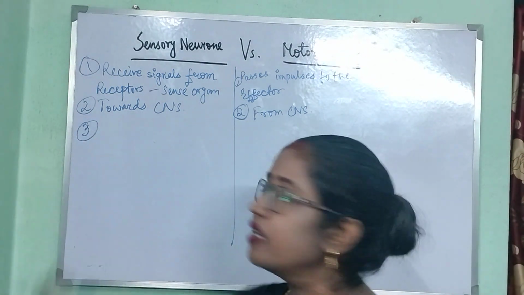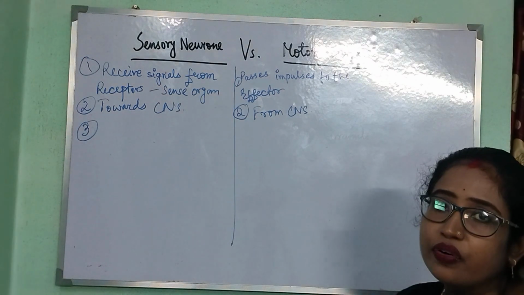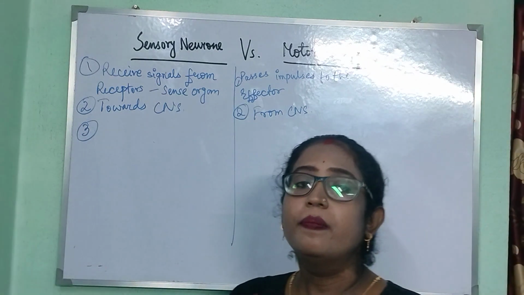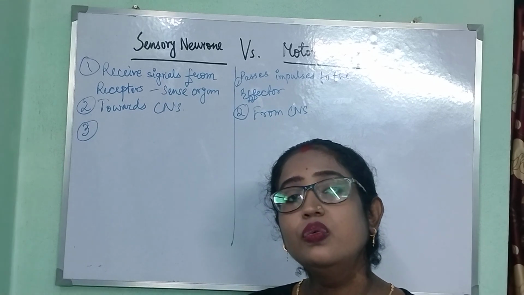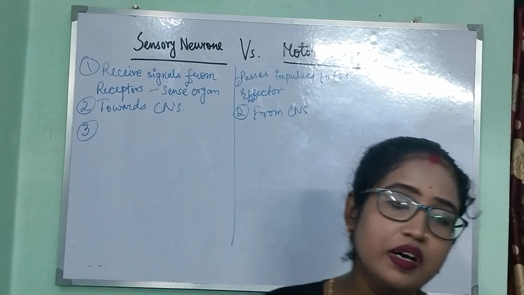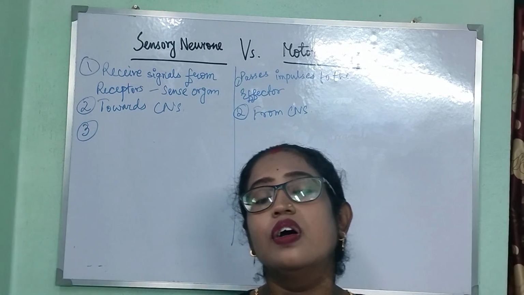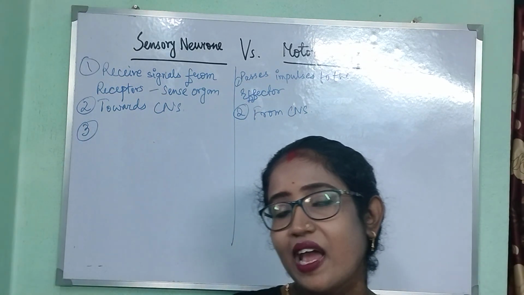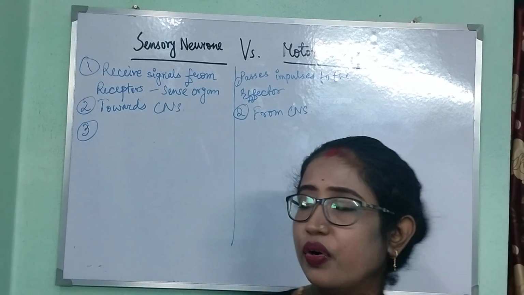The third difference is that the sensory neuron passes impulses or signals from the outer portion of our body to the inner portion, the CNS. So it carries impulses from the outer side to the inside of our body.